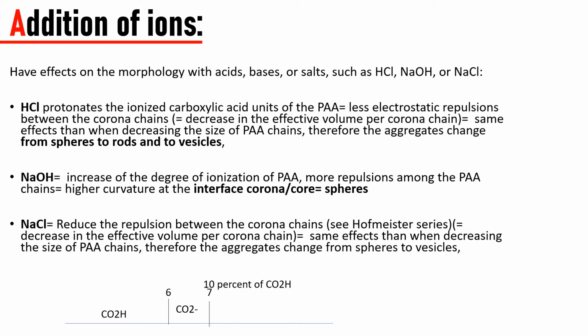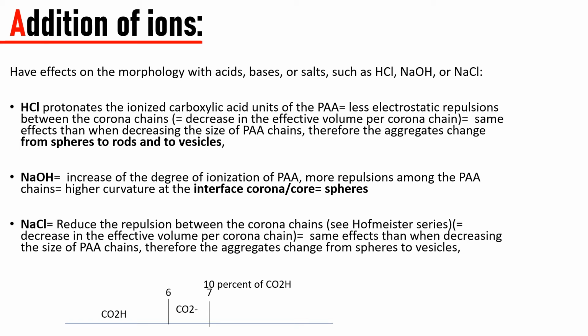If it's decreased, like with HCl, it shifts from spheres to rods or even vesicles. It is the same effect with NaCl, which reduces the repulsion between the corona chains. By decreasing the repulsion between the corona chains, it shifts from spheres to vesicles.